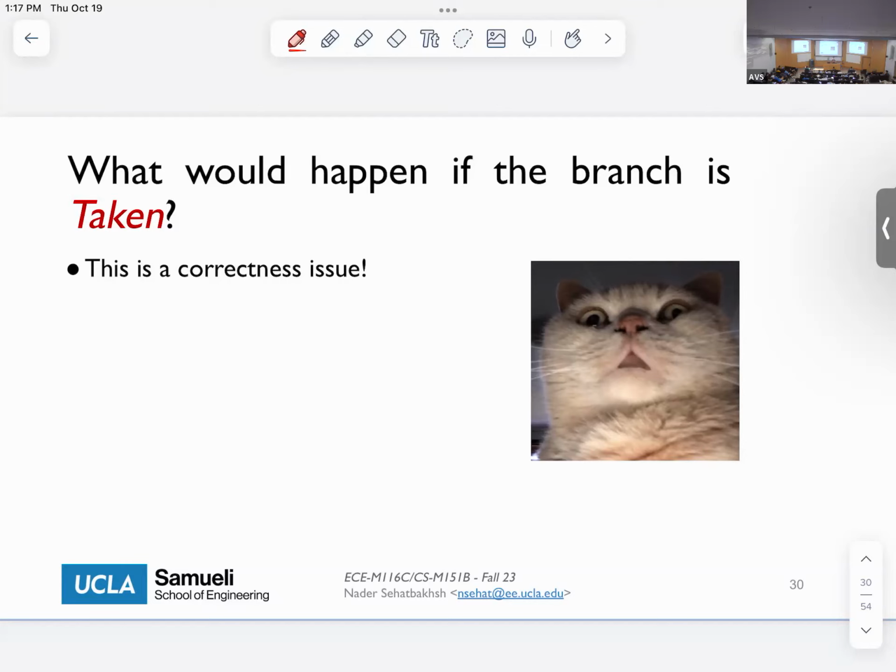And if you decide that, oh, by the way, this should have been taken, I made a mistake, then it's already too late because your registers have been messed up, your memory has been messed up, and so on and so forth. So we need a method for not making those big mistakes as well. We want to keep predicting not taken because that works 86% of the time, but I also need a mechanism to fix what I messed up during those wrong predictions, okay?